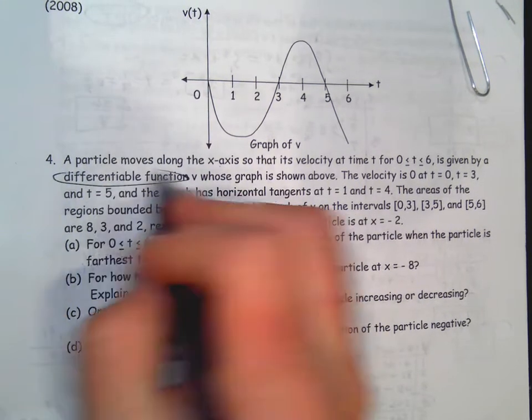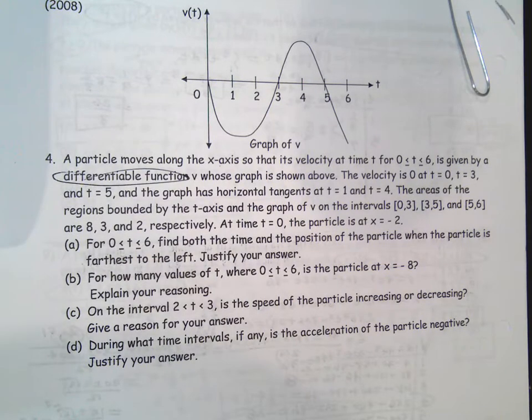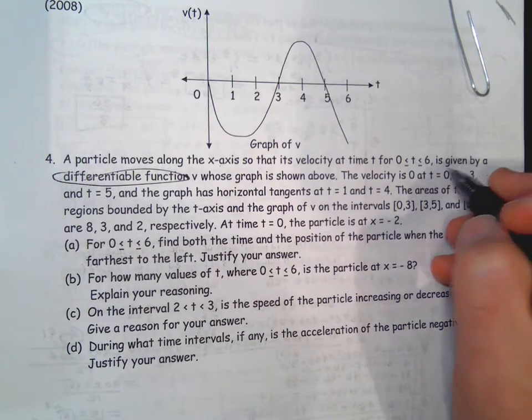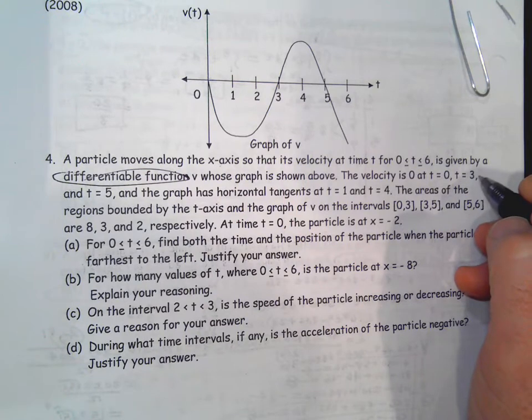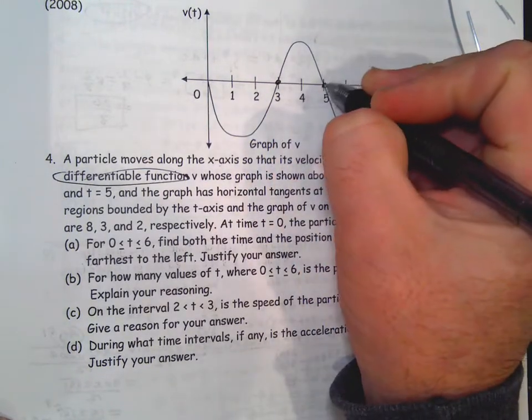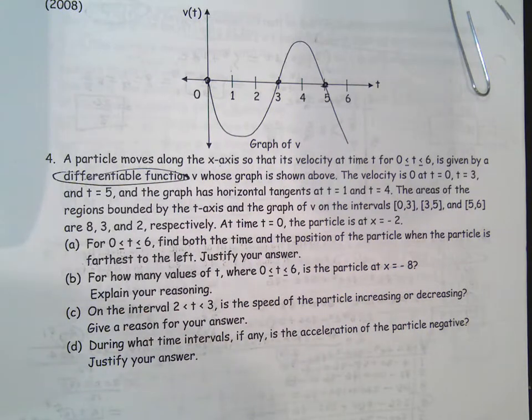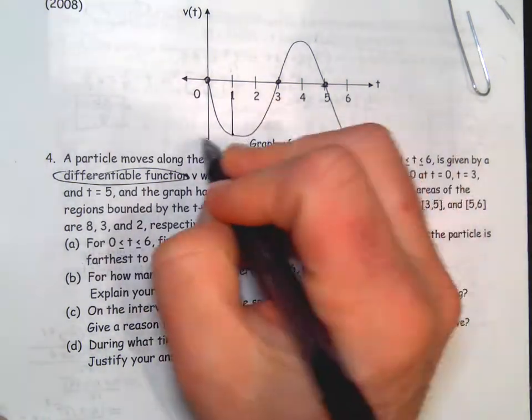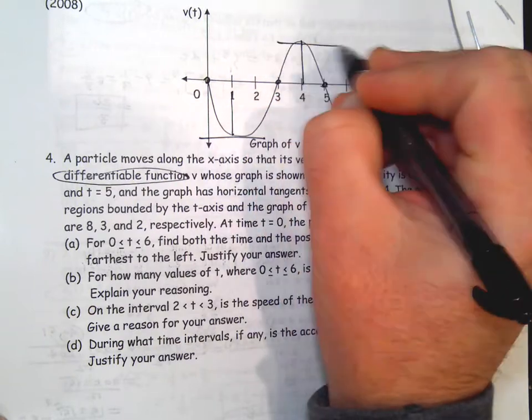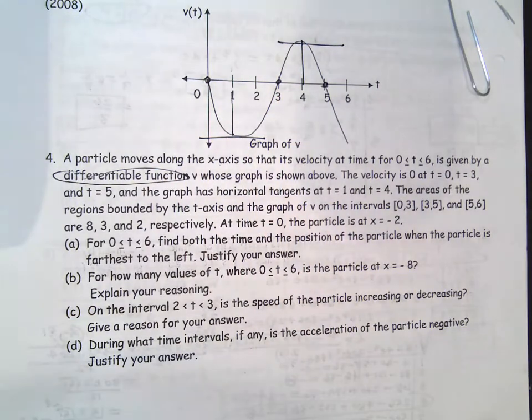Graph shown above, velocity is 0 at t equals 0, 3 and 5. That seems clear on the picture. The graph has horizontal tangents at 1 and 4, which should be acceleration equals 0.